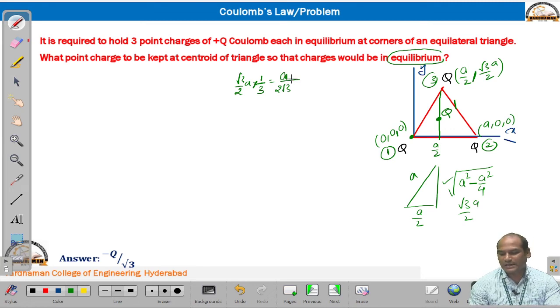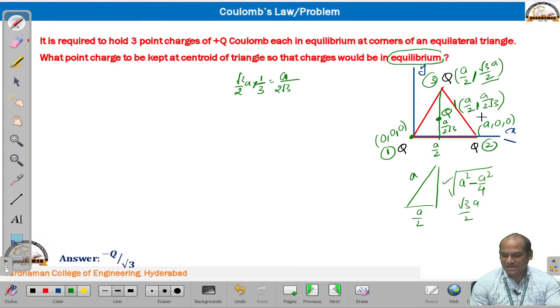Okay, centroid is dividing this particular line in the ratio of 2:1. So, we need to multiply this root 3 a by 2 with 1 by 3. So, we will get a by 2 root 3. Okay. So, this length is a by 2 root 3. So, the coordinates of this particular charge q dash are given by x coordinate is a by 2 only, but y coordinate is a by 2 root 3.